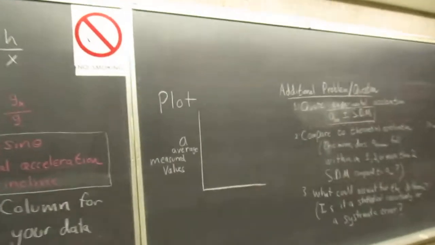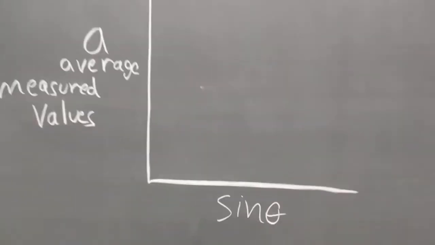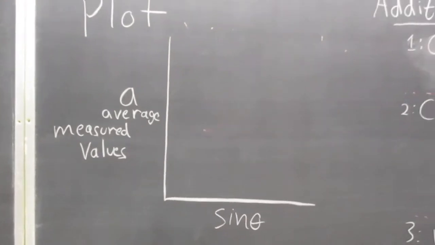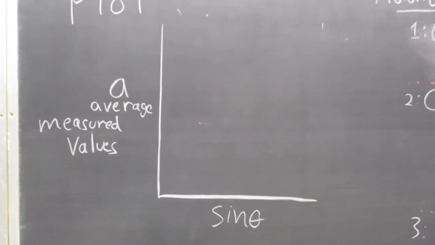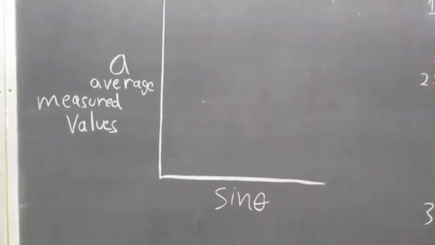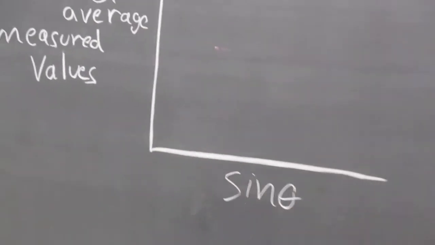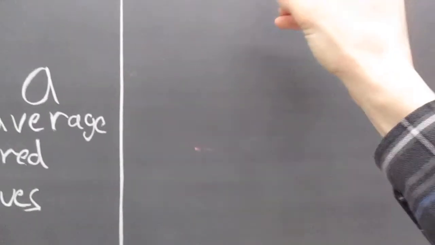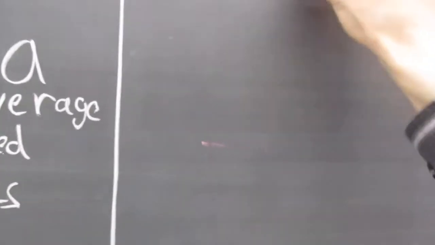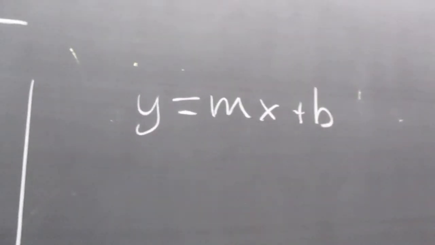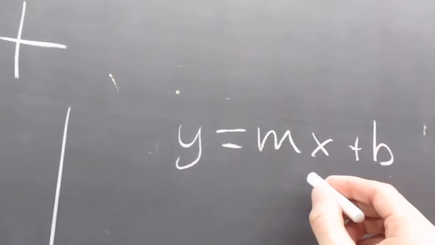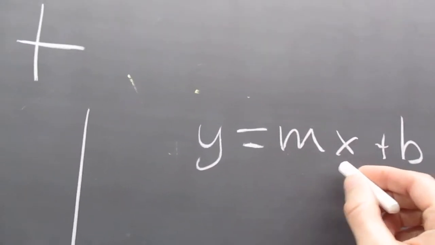Okay, so this is what our graph is going to look like: our average acceleration values on the y, sine values on the x. We're going to use Excel to get the equation of a line, a y-intercept, and a slope.